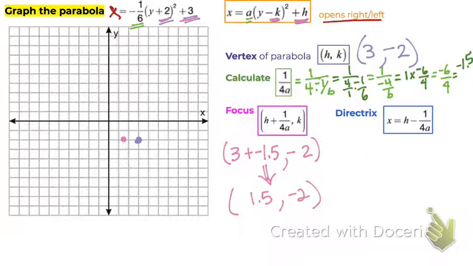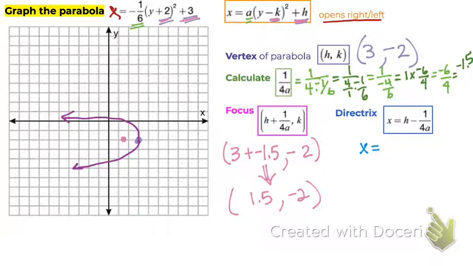So now that I have my focus and my vertex, I can sketch a parabola here. Remember, you cup that focus inside the parabola. Now let's draw our directrix, which is a straight line. And you'll notice that the formula starts off with x equals.